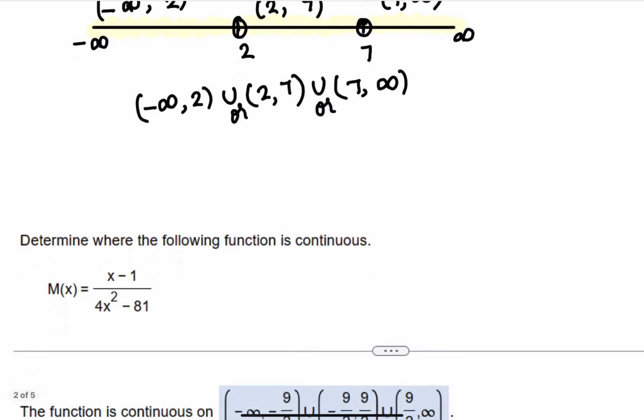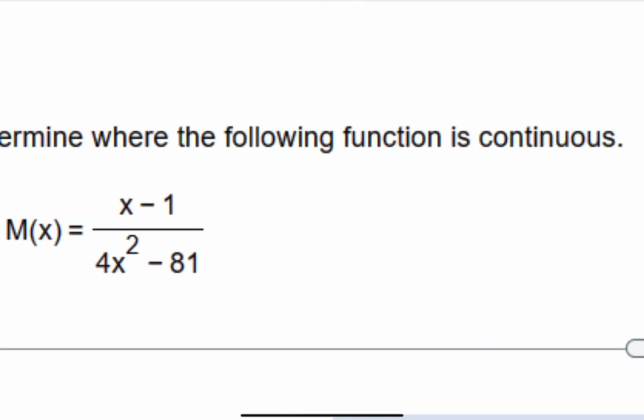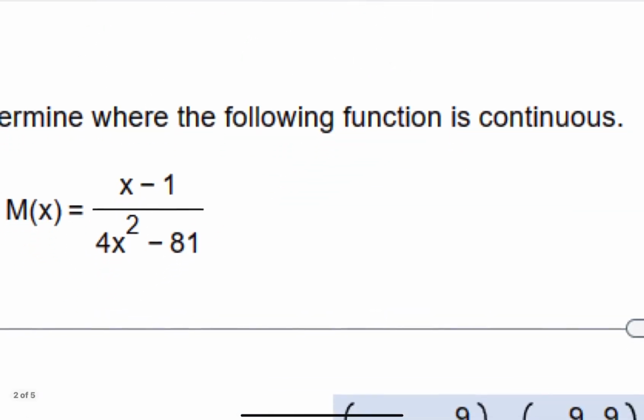Now let's go ahead and take a look at the next one. Again, the denominator should not be equal to 0. Okay, very good. So 4x squared minus 81 should not be equal to 0.